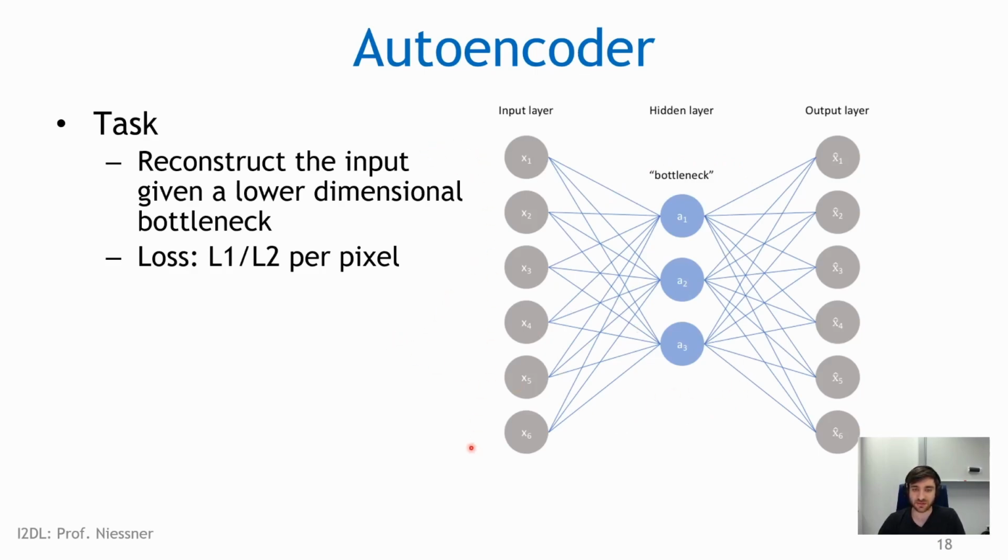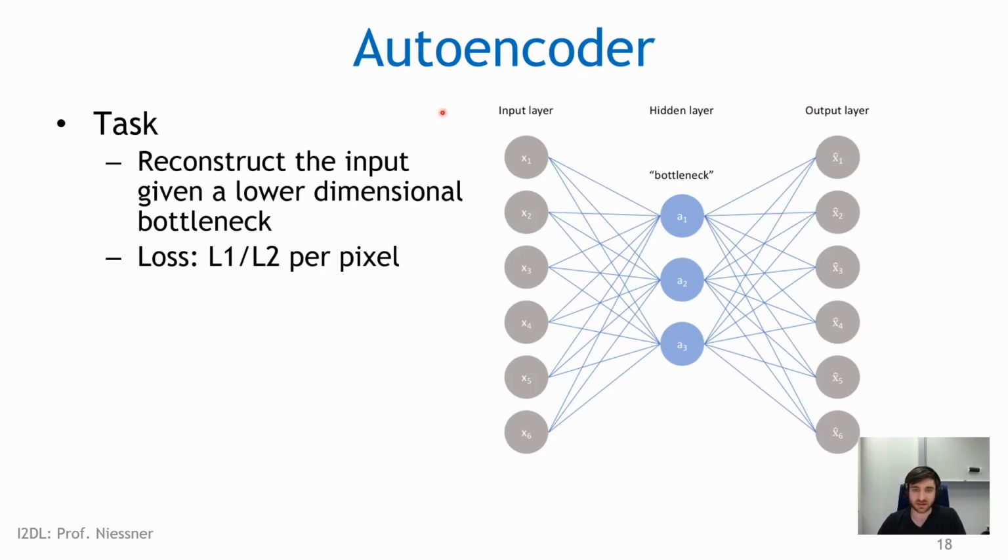If you have an image as input with a certain size, 100 by 100, for example, and the task is to reconstruct it in the output layer. However, in the bottleneck, we only have a vector of, let's say, 64 or 128 elements. Basically, the entire information needed to reconstruct the input needs to pass through this bottleneck. So that's some kind of compression.